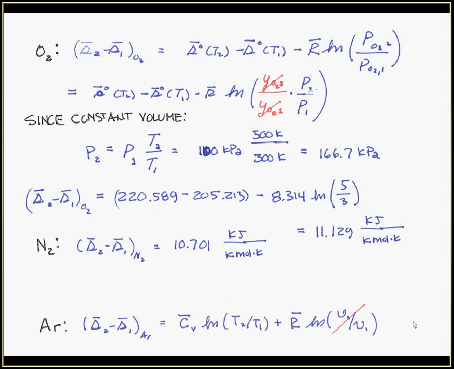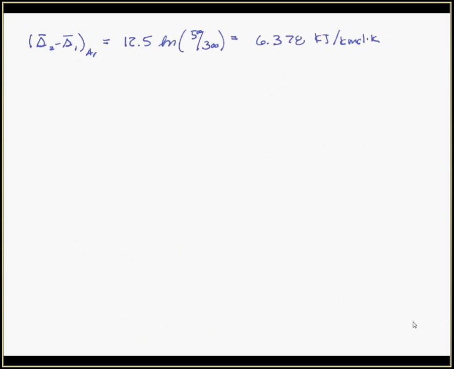I opted for this form for the constant specific heat argon because V2 over V1 is 1. So I used this one purely out of convenience. I could have used a C sub P value that had minus R log P2 over P1, but this is less work. Okay, so you plug in those numbers and you find that the change in entropy for argon is 6.4 kilojoules per kilomole Kelvin.